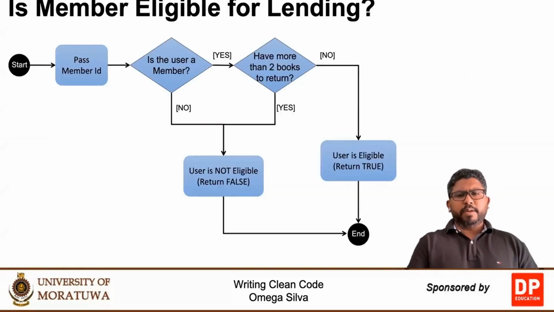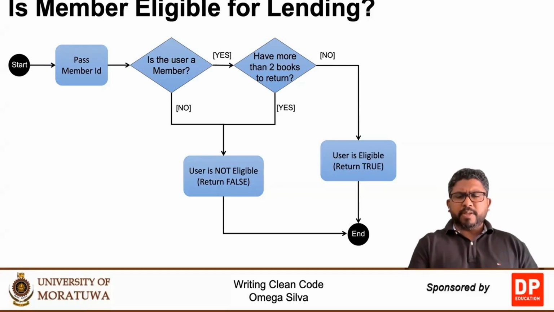This is the flow diagram for the function which evaluates whether a member is eligible for lending a book. As you can see, the member ID is passed as an argument to the function, and the function evaluates two conditions using the member ID. It validates whether the member ID belongs to an already existing member, and it checks whether the member has lent more than 2 books.